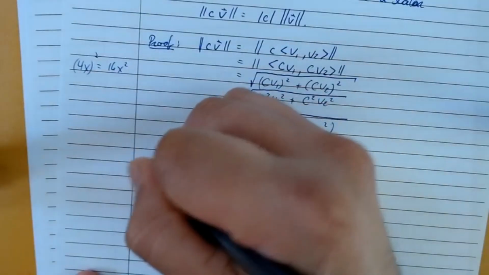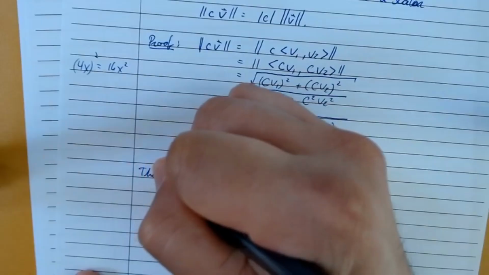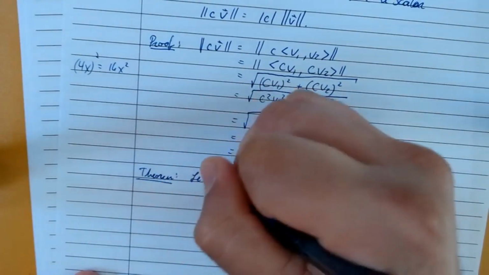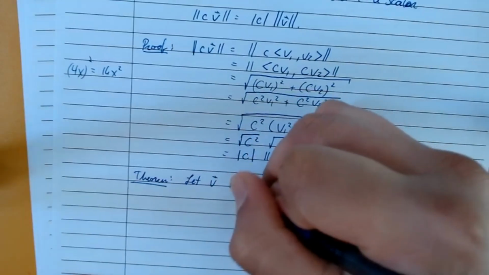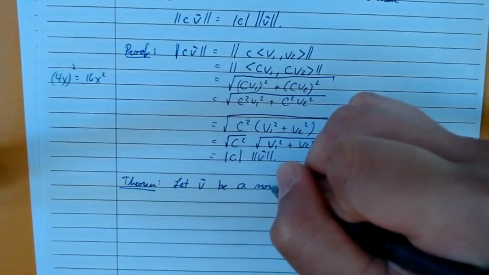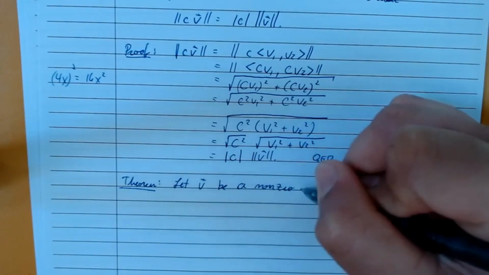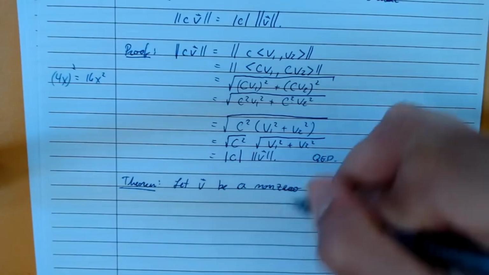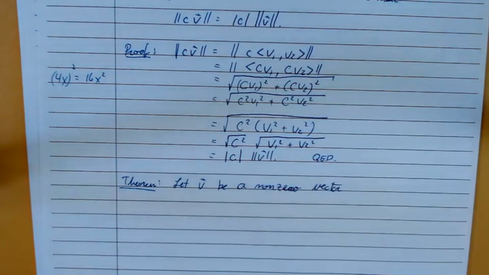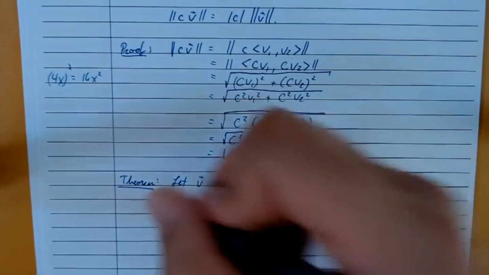Here's the theorem. Let V be a non-zero vector. In other words, any vector except a zero vector.